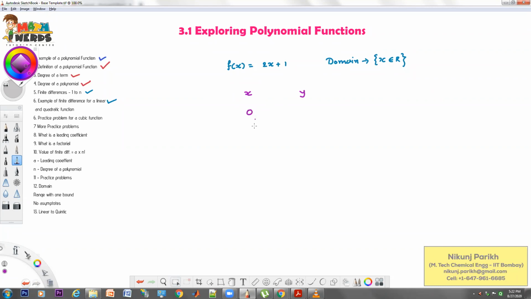Let's make it easy: 0, 2, 4, 6, 8, 10. Y values: 1, 5, 9, 13, 17, and 21.